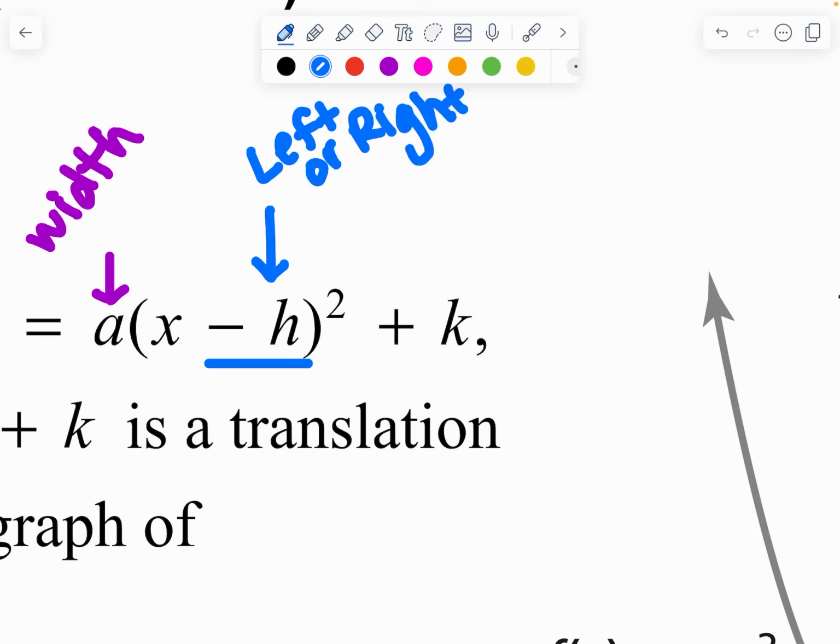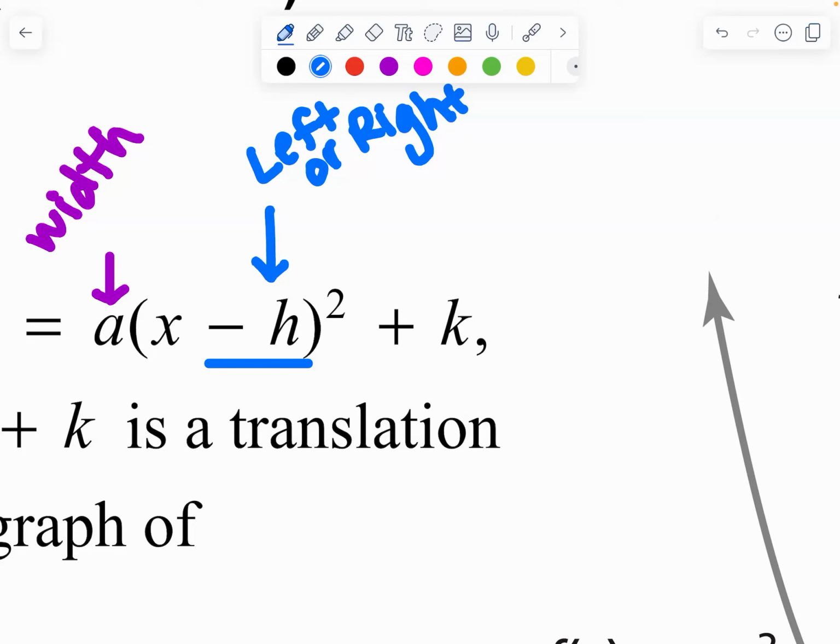Now here's something that some of you weren't super crazy about. Some of you figured this out. Some of you were, I'm confused why it's going this way.